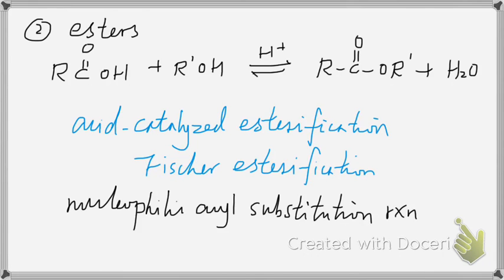It's also called the Fischer esterification. And the Fischer esterification is also a nucleophilic acyl substitution reaction. The OH group in a carboxylic acid is replaced by the OR group from an alcohol.